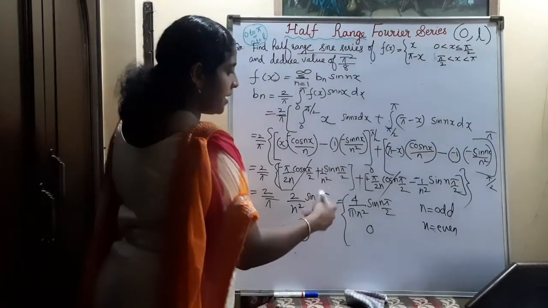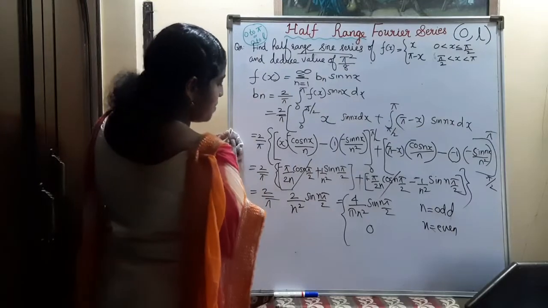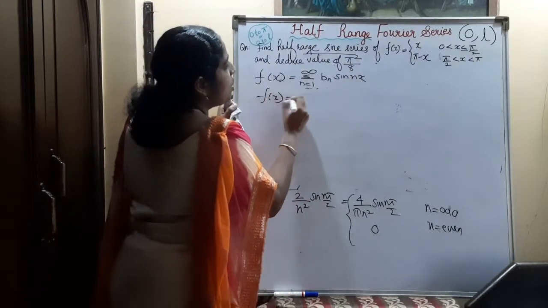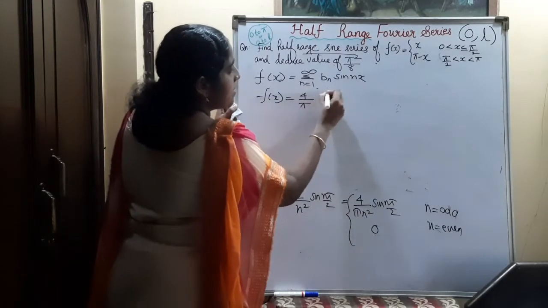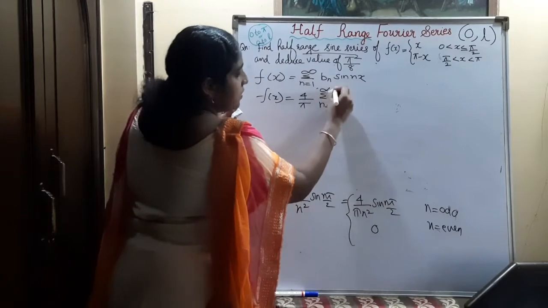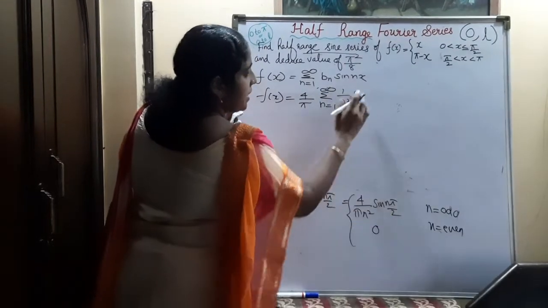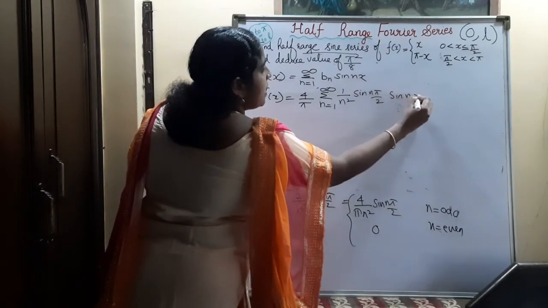So we are getting bn equal to 4 by pi n square sine n pi by 2. So we can substitute here, that is f of x equal to sigma bn, that is 4 by pi sigma n equal to 1 to infinity 1 by n square sine n pi by 2, times sine nx.